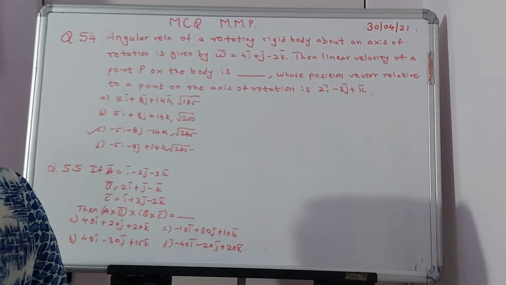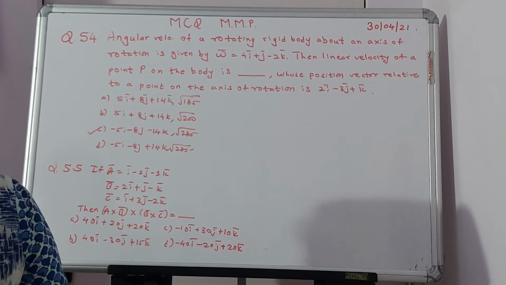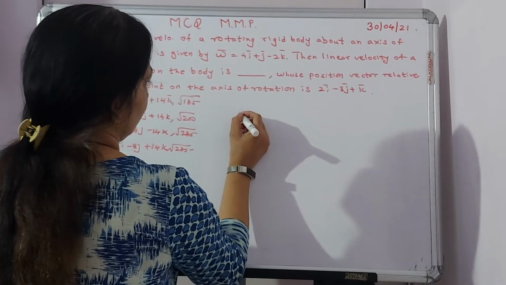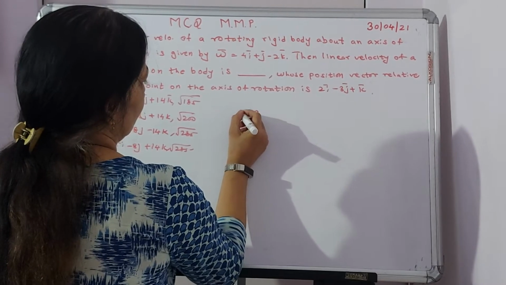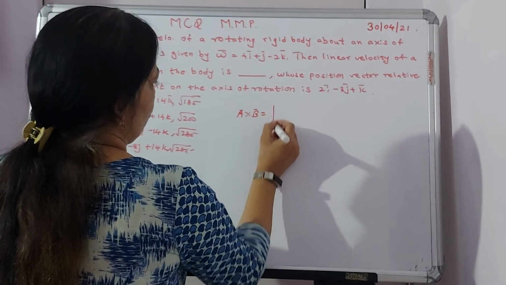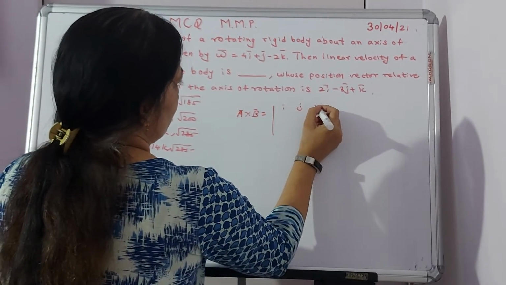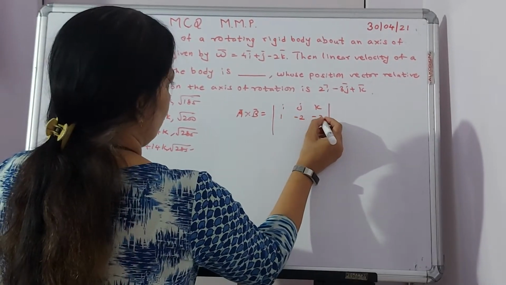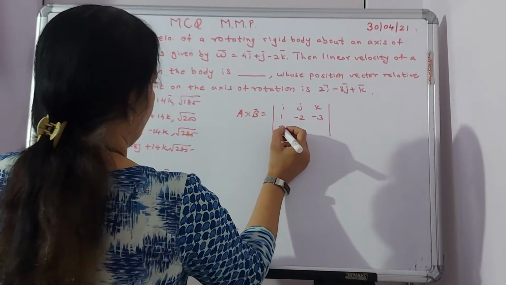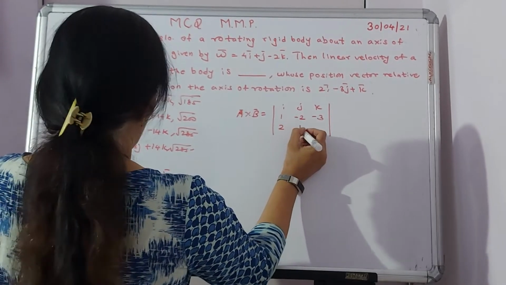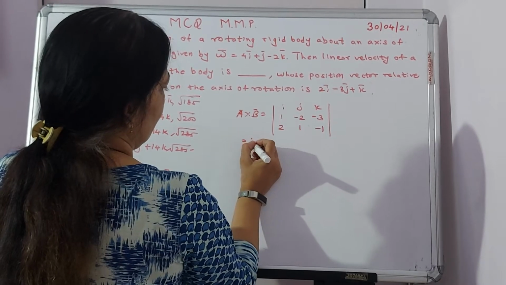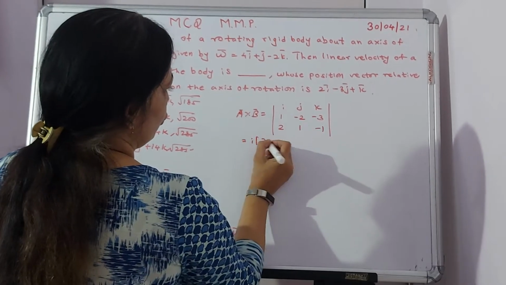So for that I just rub this part and take the help of this area. So first my job is to get what is called as A cross B. So A cross B will be i, j, k. A is 1 minus 2 minus 3 and B is 2, 1 minus 1. So if we simplify this, we get i into bracket 2.